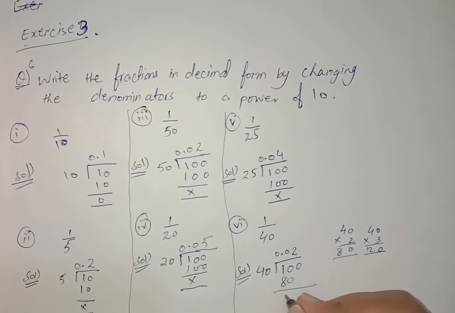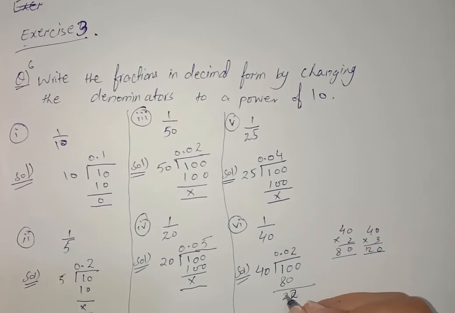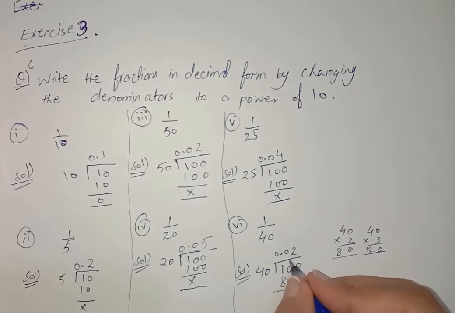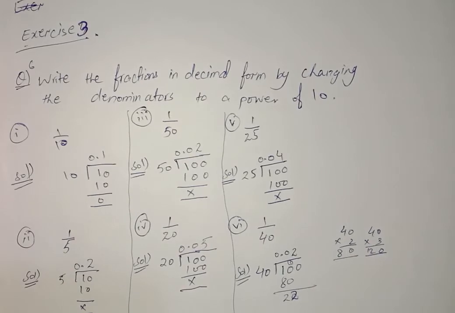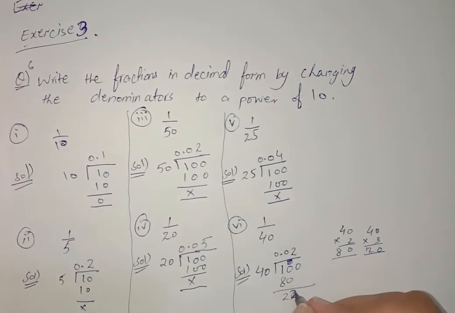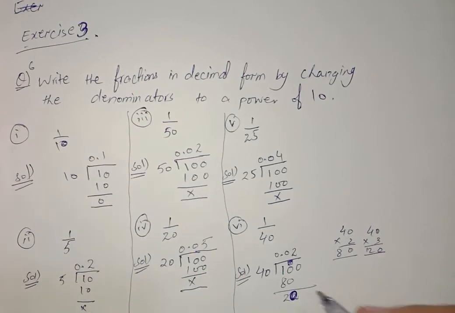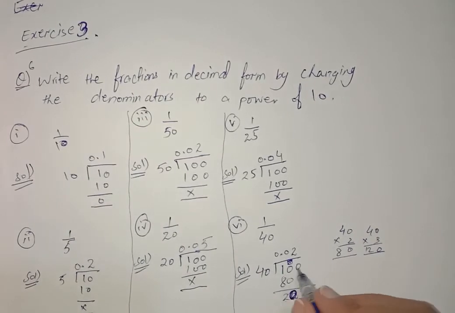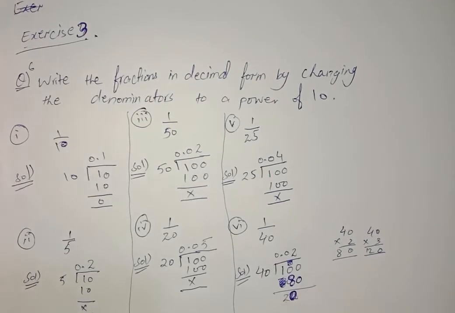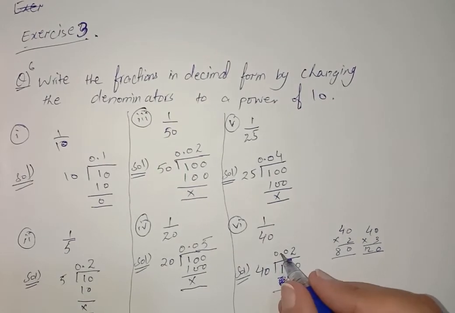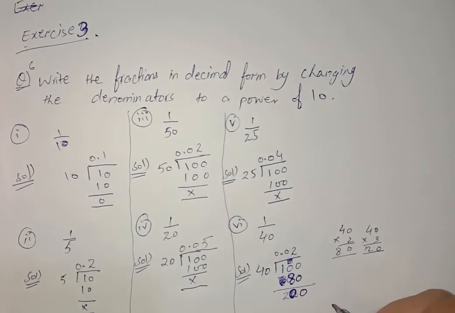If we subtract 80 from 100, the remainder is 20. We have placed a point, so we can place one more 0 with it.